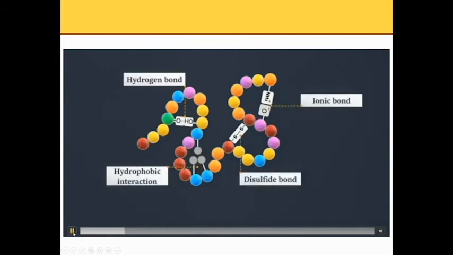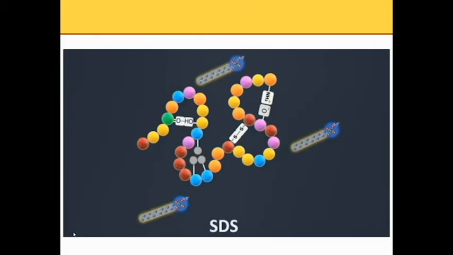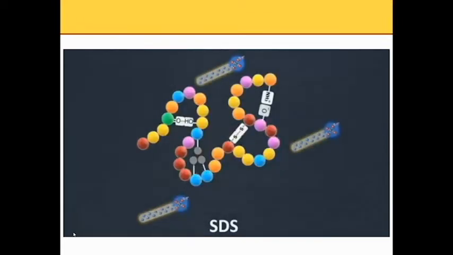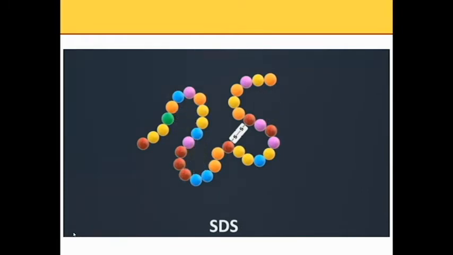And ionic bonds. SDS is an anionic surfactant and contains a polar head group with a net negative charge at the end of a long hydrophobic carbon chain. SDS denatures the native proteins by disturbing the hydrogen bonds, hydrophobic and ionic interactions.